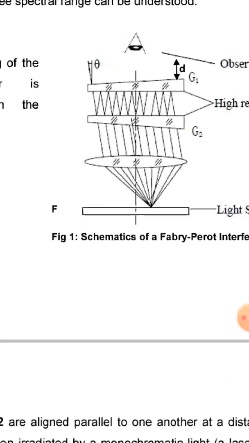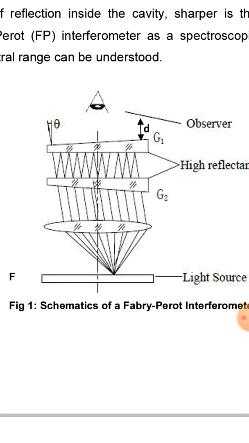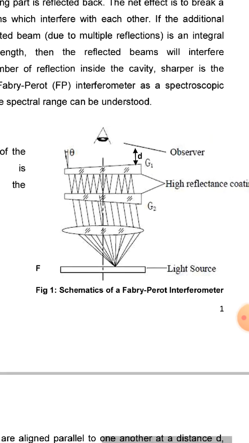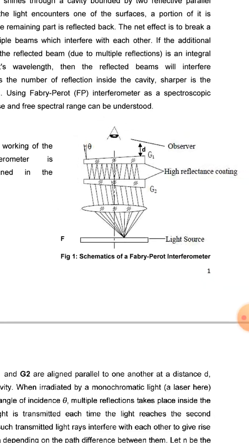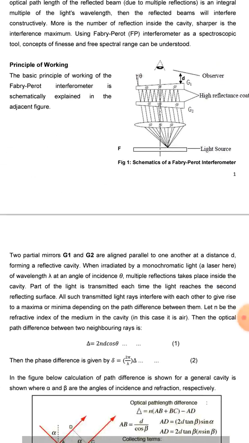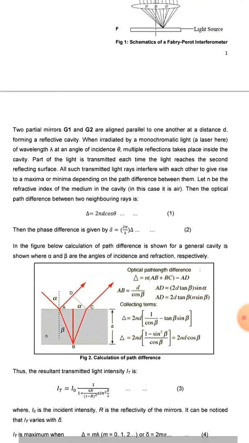We can see that F is the light source, and G1 and G2 are high reflectance coated mirrors. One is partially reflecting and the other is a 100% reflecting mirror.